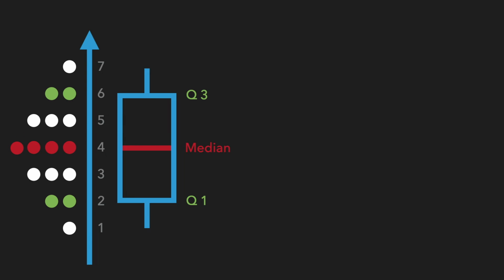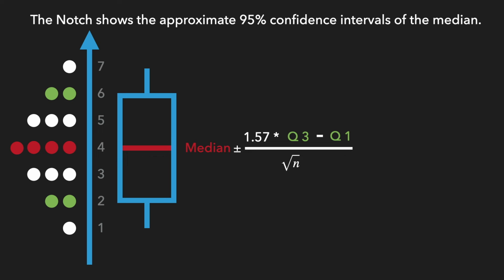We'll start with something we already know, the interquartile range, which is the difference between the third and the first quartiles. We then multiply the interquartile range by 1.57 and divide the whole by the square root of the number of observations in a sample. Adding and subtracting this whole expression to the median would give us the notch, which shows the approximate 95% confidence interval of the median.